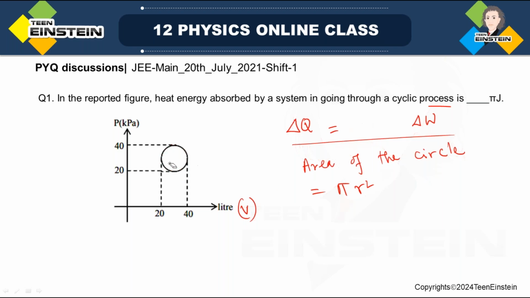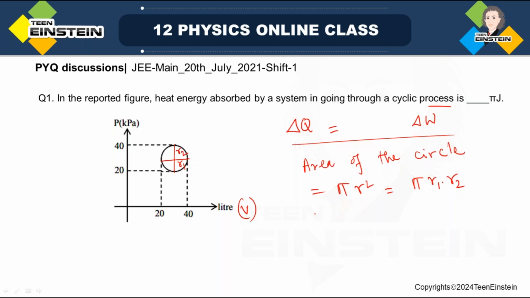But you look here, this circle graphically, when we find out, instead of writing r square, we'll write this as pi r1 dot r2, where r1 is the radius in the horizontal direction and r2 is the radius in the vertical direction.